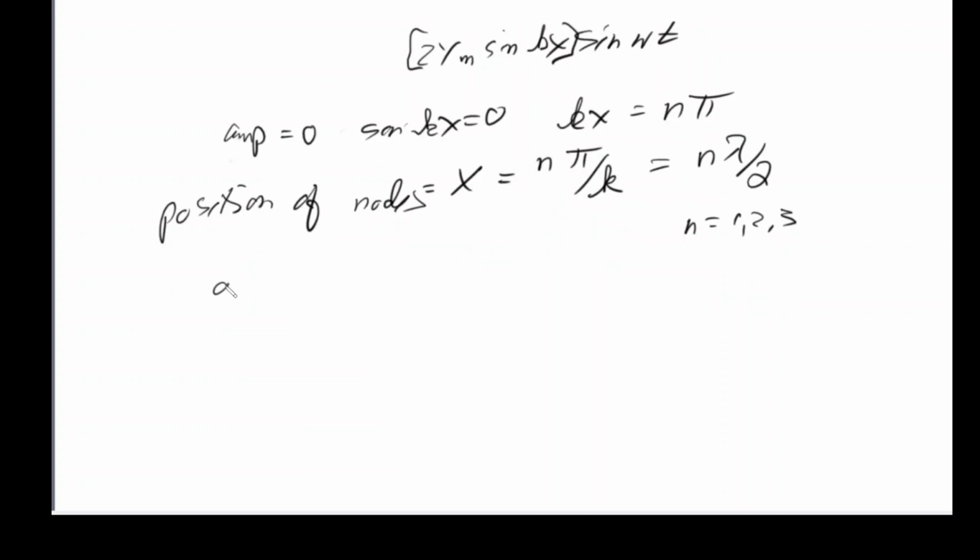Now, on the other hand, the amplitude is maximum, which is 2 times ym, where the value of sine kx is equal to 1.